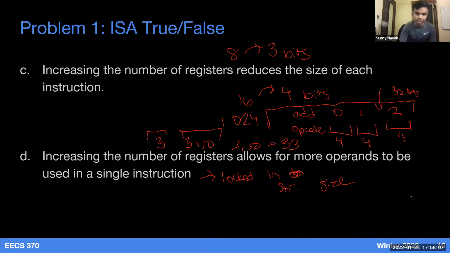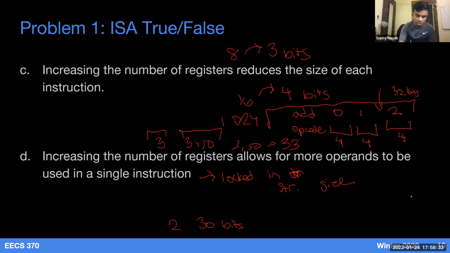So this kind of goes back to that example I was talking about earlier, where let's say I had 1,024 registers, which means I have to represent each register as 10 bits. Well, if I want 30 bits of my instruction to be represented by registers, that leaves only 2 bits to represent opcodes, right?